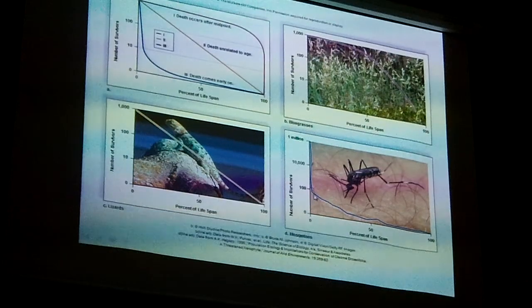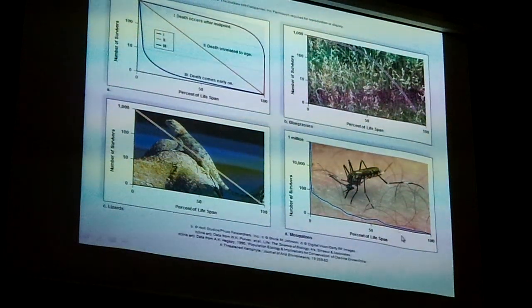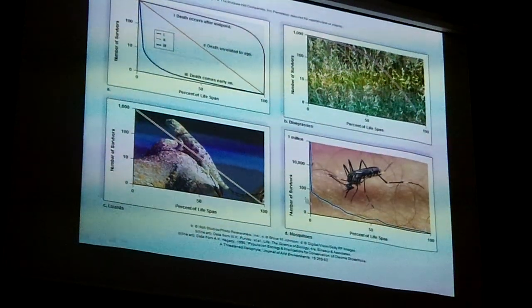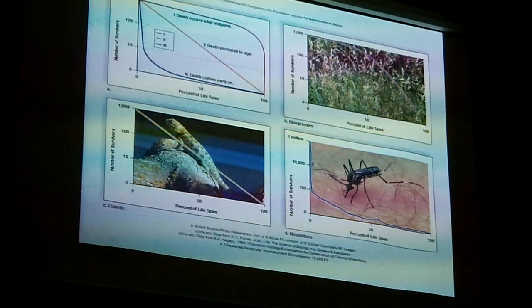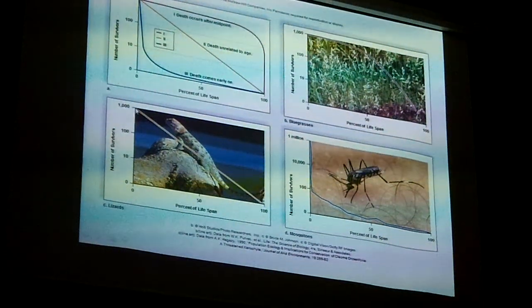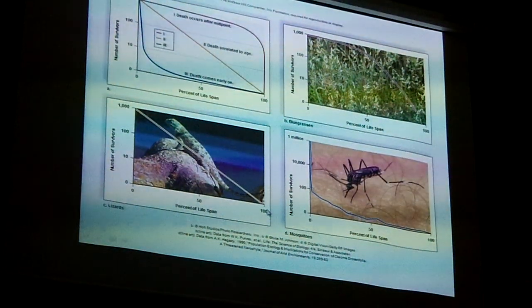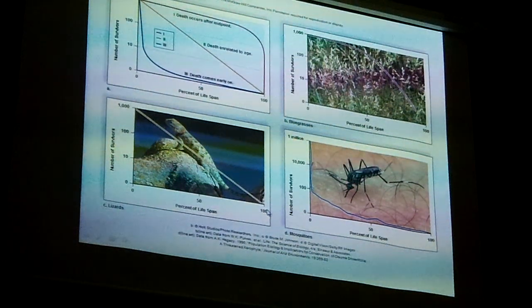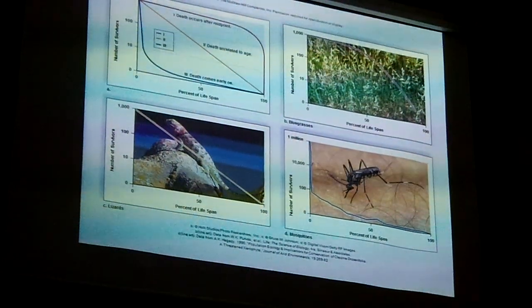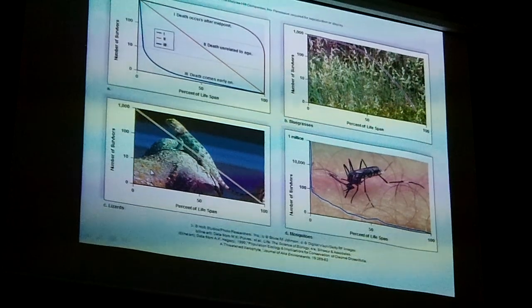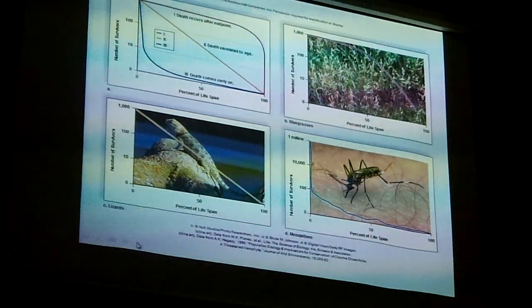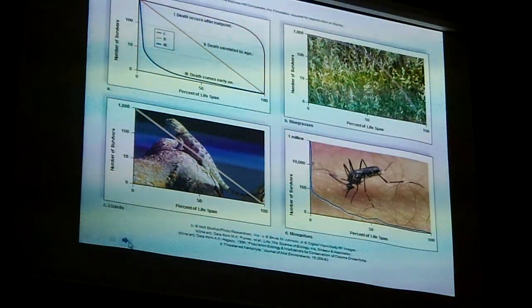Christian, you were kind of asking about this. This graph looks bumpy, so that was probably an actual sample from an experiment. And these nice smooth curves are probably just estimates or lines of best fit or something like that. We call those survivorship curves.